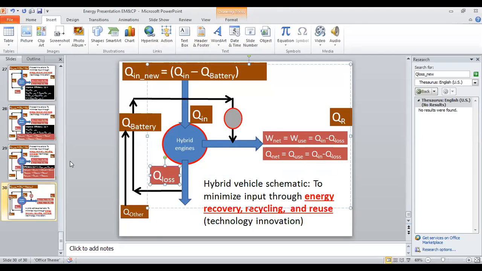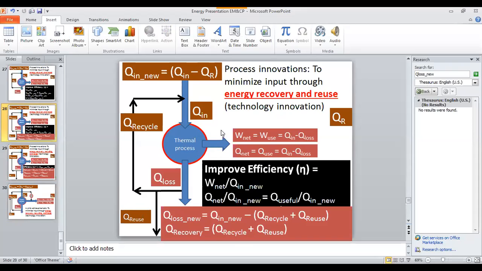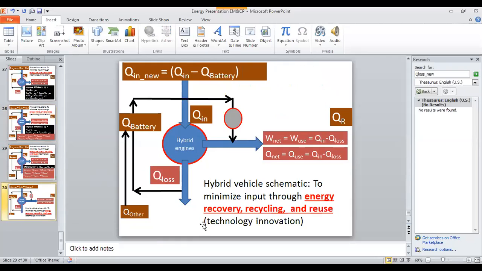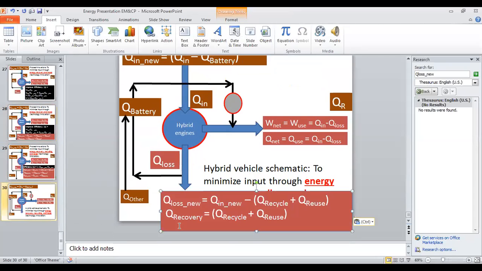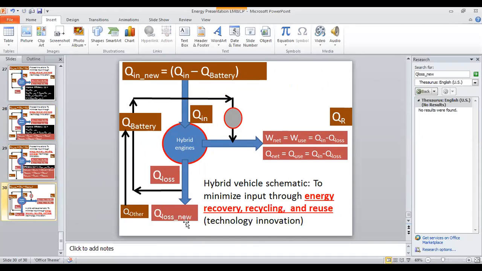So your Q loss net would now be different. Q loss new. You have the reduced Q loss.